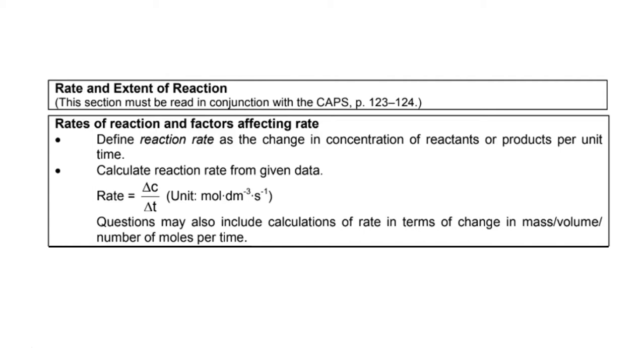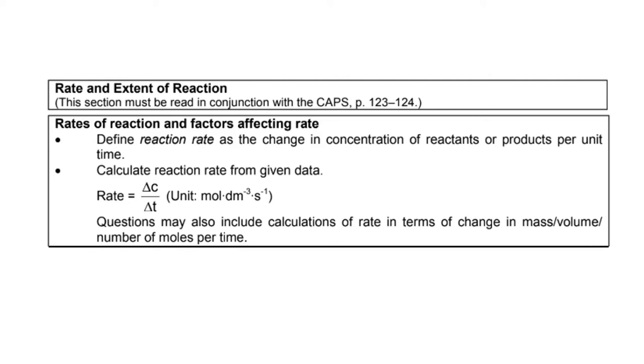In their calculation and in the memo, they state the rate is equal to minus delta C over delta T. But what's interesting to me is they also accepted in that calculation the negative answer if you use this formula. Now, I don't know if it is because the formula is wrong in the exam guideline. I just don't know. But I would advise you rather to use the formula rate is equal to minus delta C over delta T.